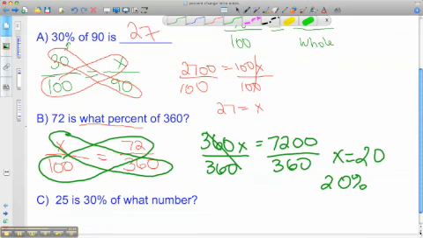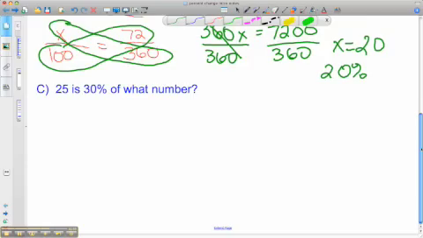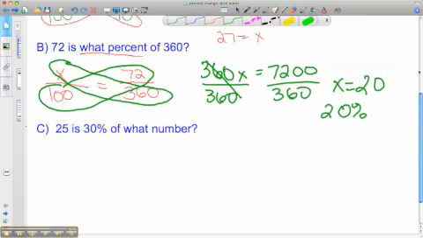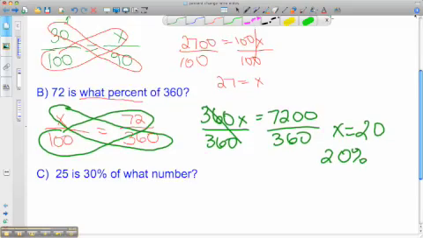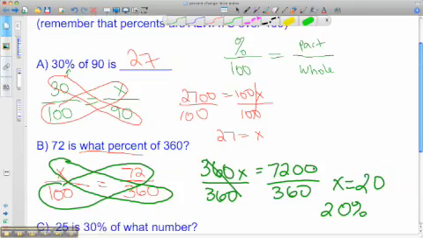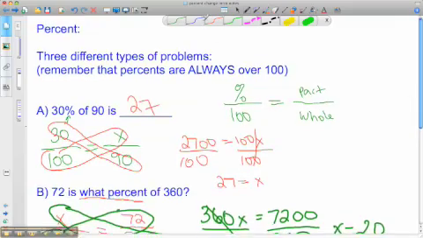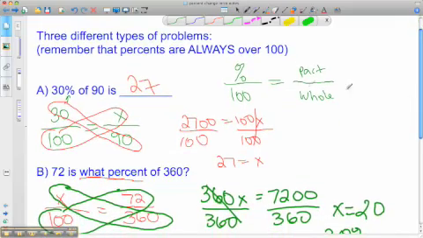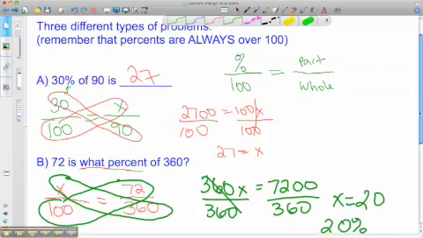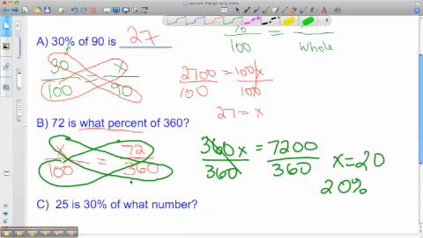And then the third type of problem. As I'm going through these, I want to make sure that you're noticing how the problems are worded differently and then how we are setting it up accordingly. So this third one right here is saying 25 is 30% of what?